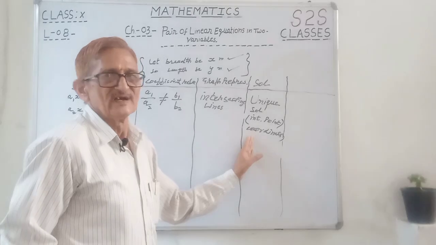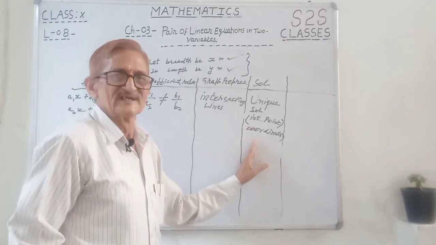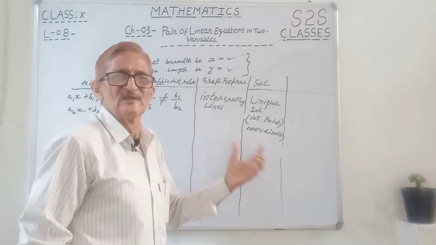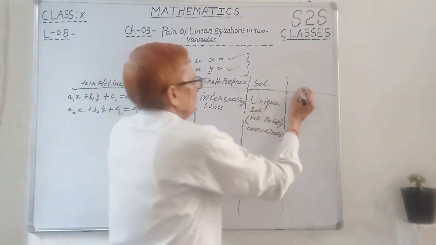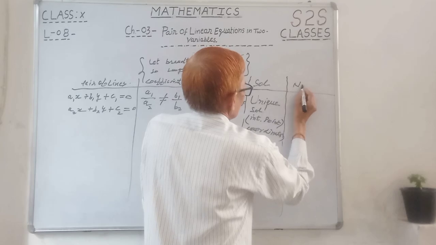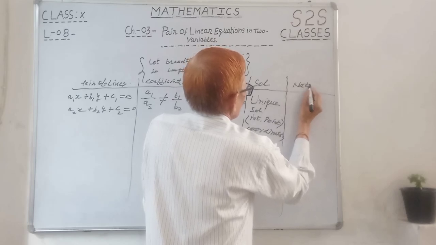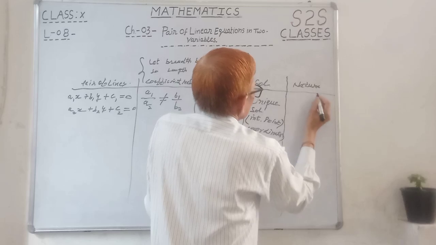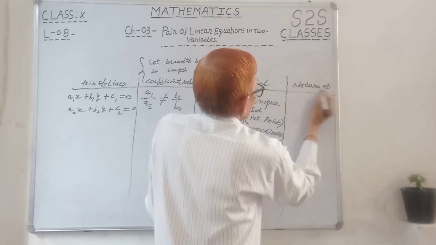The x coordinate of this point is the x value, and the y coordinate of this point is the y value, so it will be the solution value of x and y by the graph. After that, the nature of the system.